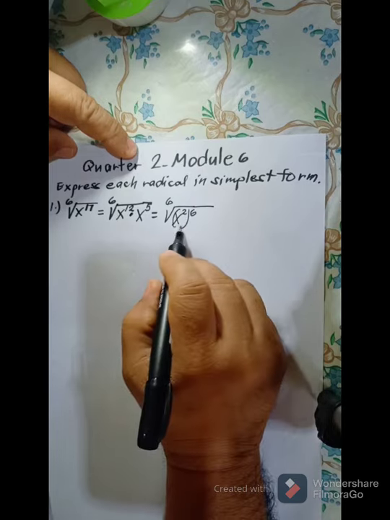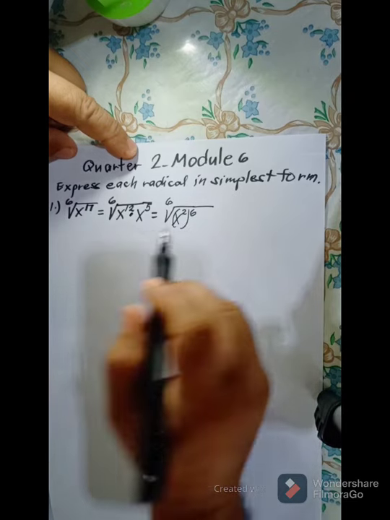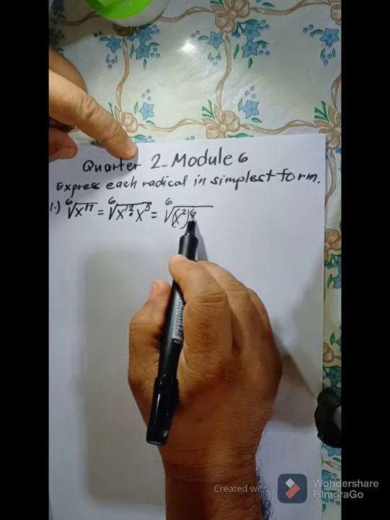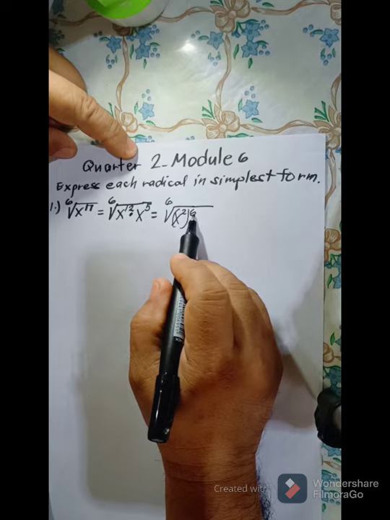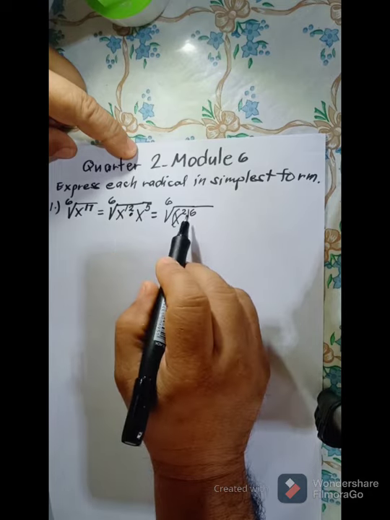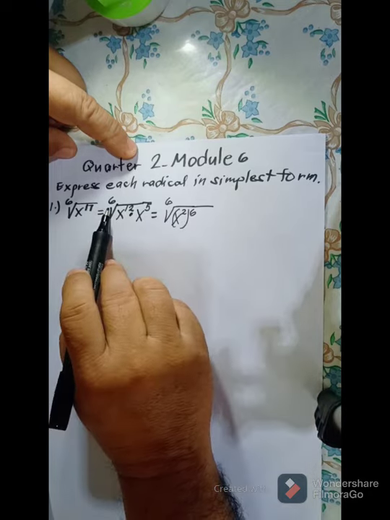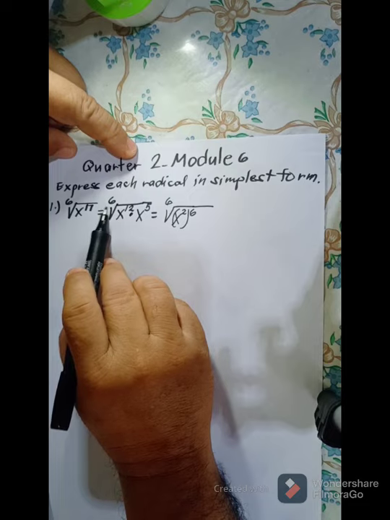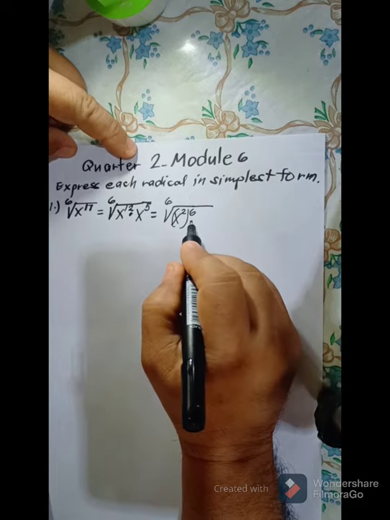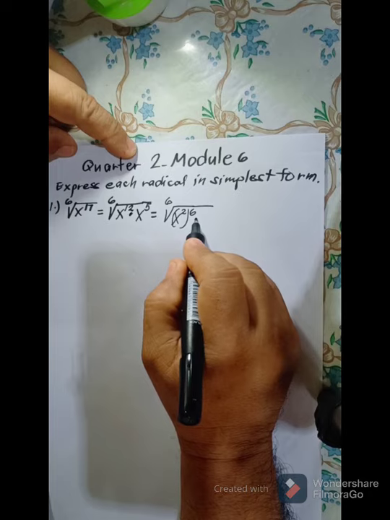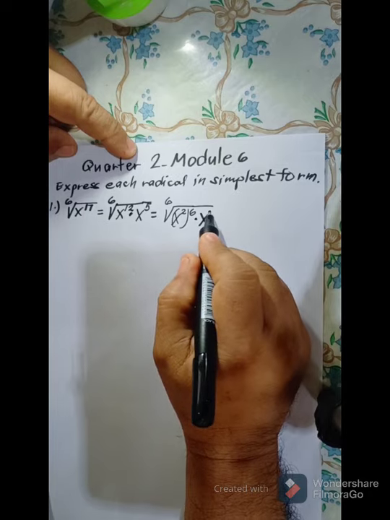This is the simplified form of x to the power 12. Why choose 2 and 6? It's because 2 times 6 is 12, and 6 is equal to the index 6 here. So we have times x to the power 5.